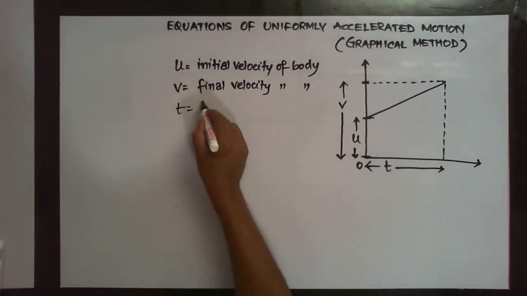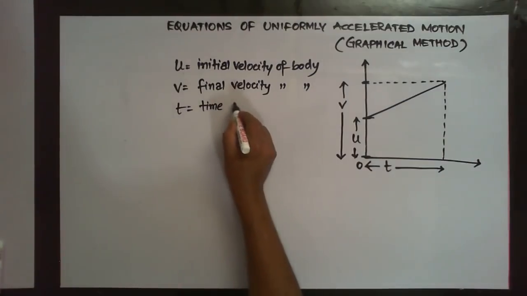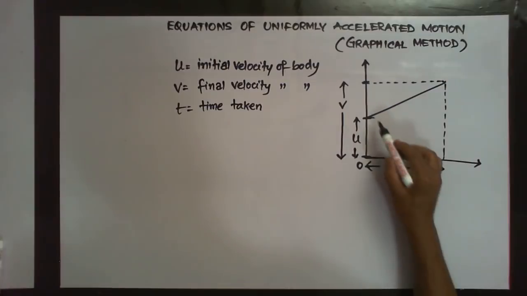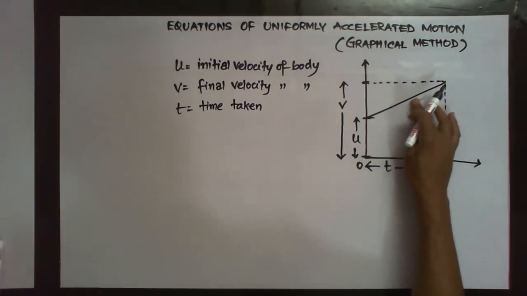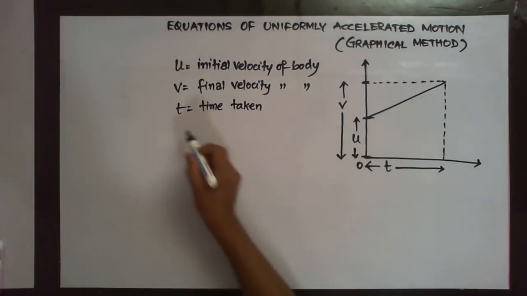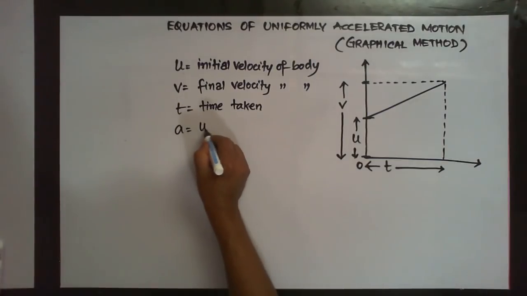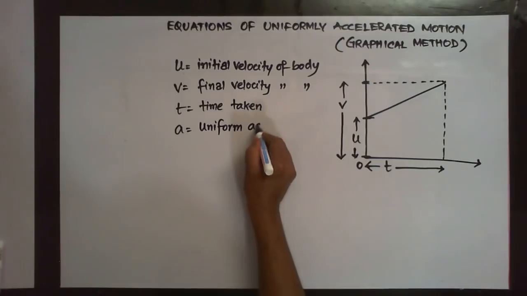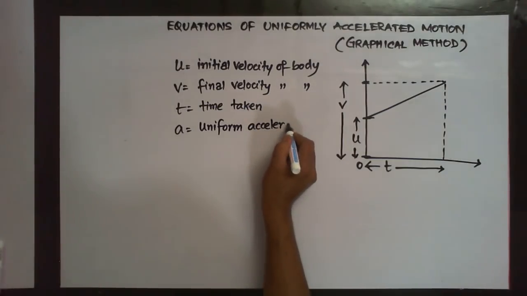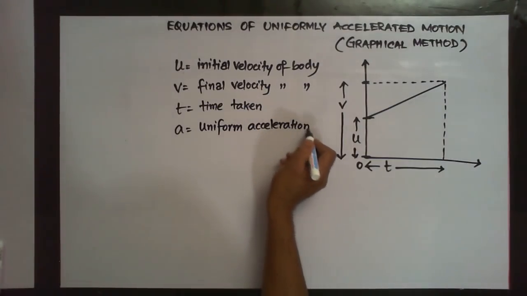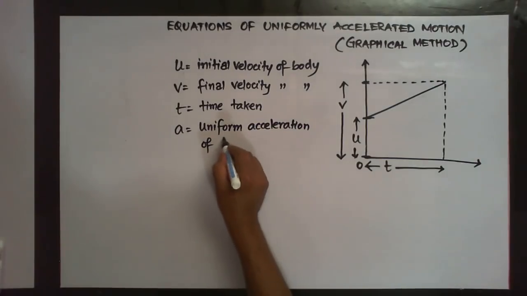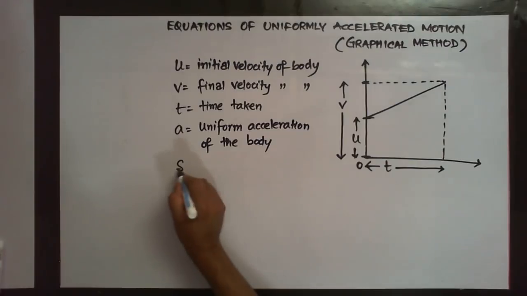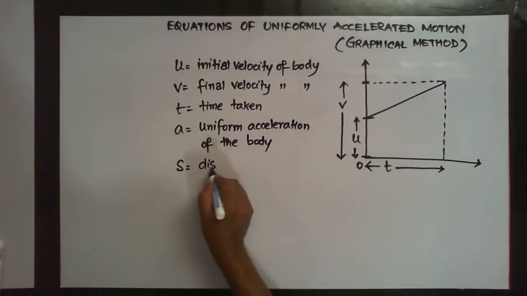T is the time taken to attain that velocity, and if you see this graph, it is a straight line. So let us say A is the uniform acceleration of the body. And S is the distance traveled.